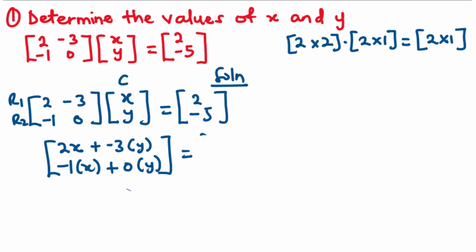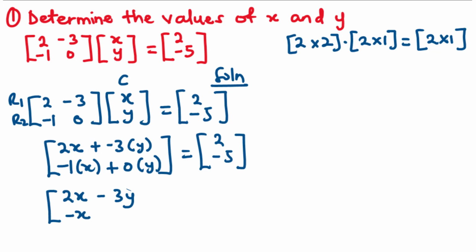And that is equal to [2; -5]. Now let's simplify further. So this becomes 2x, negative 3 times y is negative 3y. We have negative 1 times x, that is negative x, and then 0 times y is also 0. So we have this equals [2; -5].